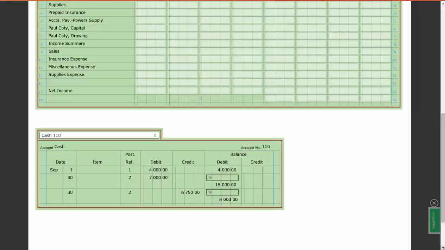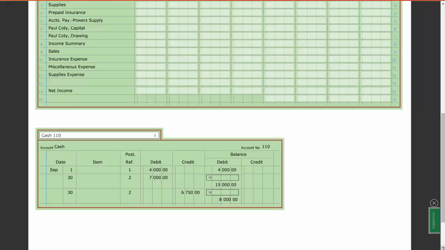So down here on the bottom, the first thing we have to do is physically go through and fix all of our ledgers. We have to check each one because we know that they don't work because our trial balance doesn't equal. That's the other perfect thing about this assignment. We know that the trial balance doesn't equal because they made a mistake in posting, and it shows you how to go back and fix those mistakes.